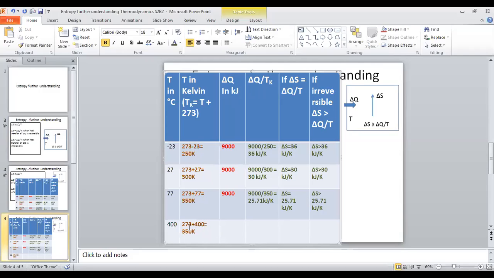For convenience, I put here 427. 273 plus 427 becomes 700 Kelvin. Okay, same delta Q.